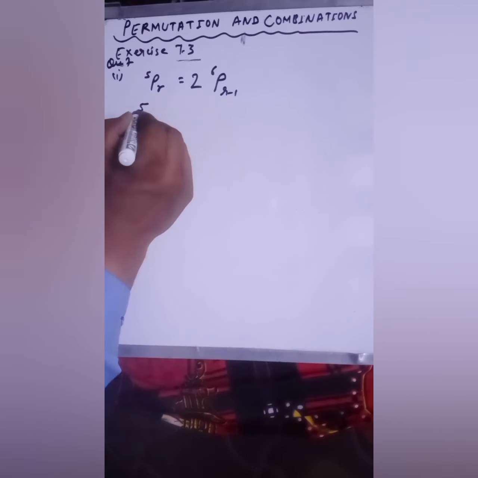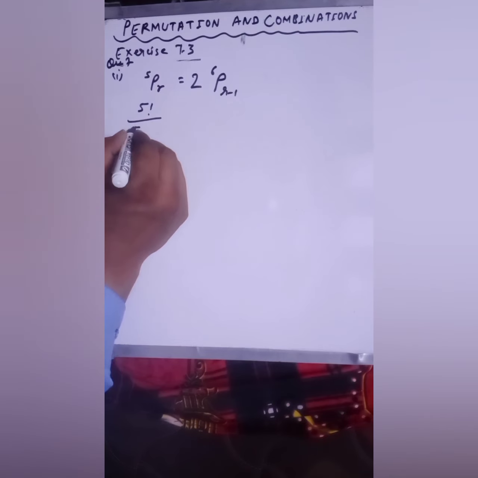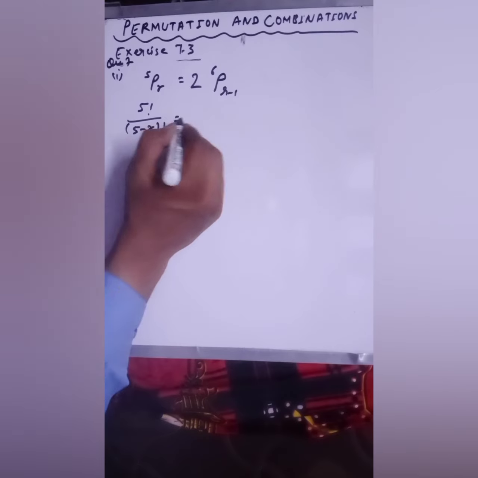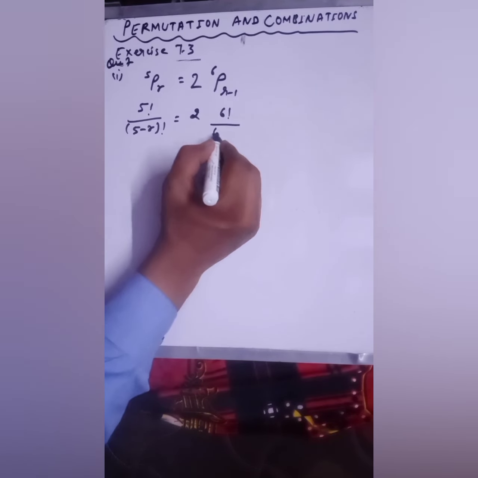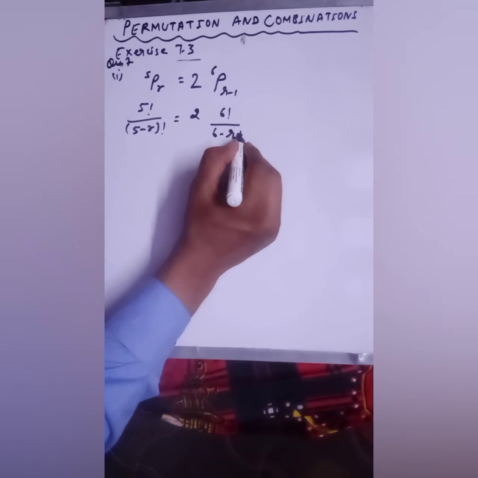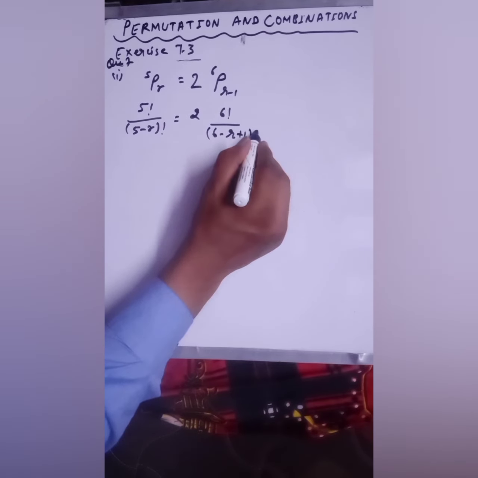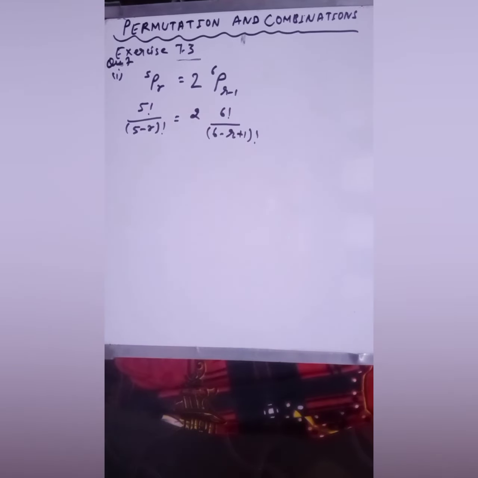This can be done as 5 factorial over (5 minus r) factorial, that is 2 times 6 factorial over (6 minus r plus 1) factorial. Got it?